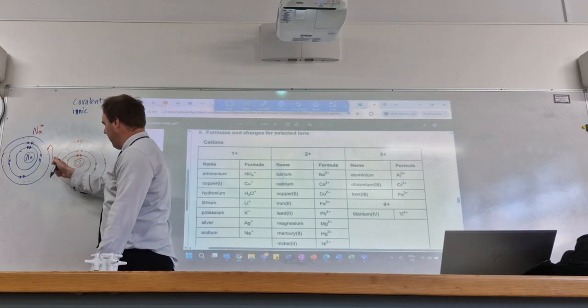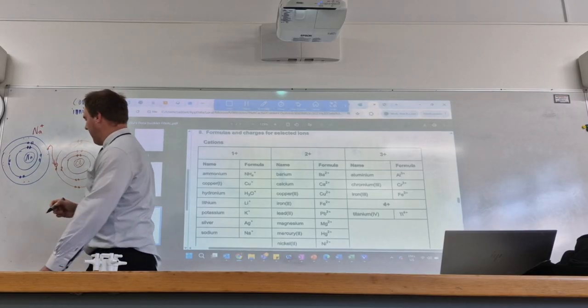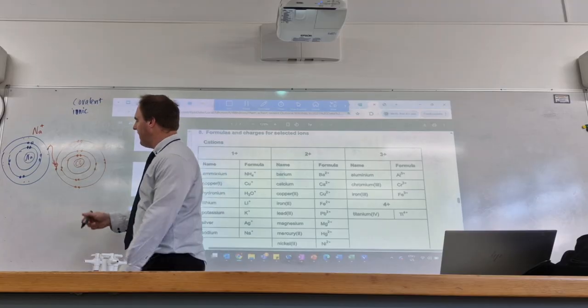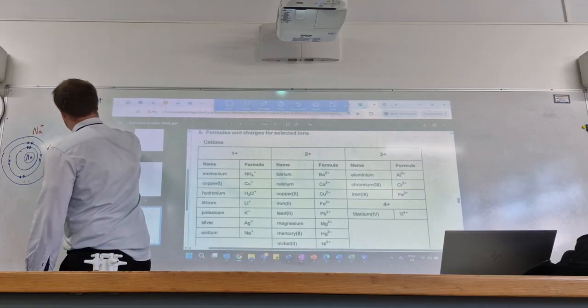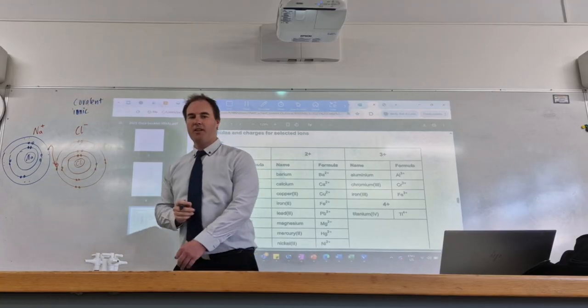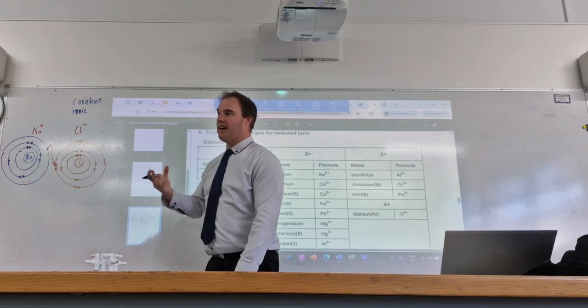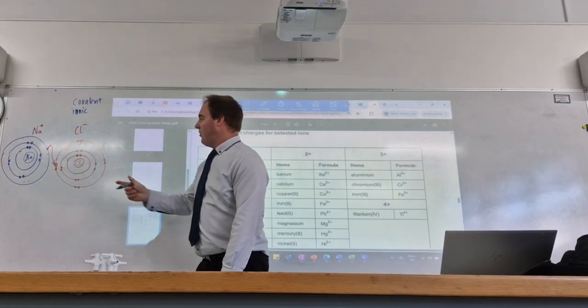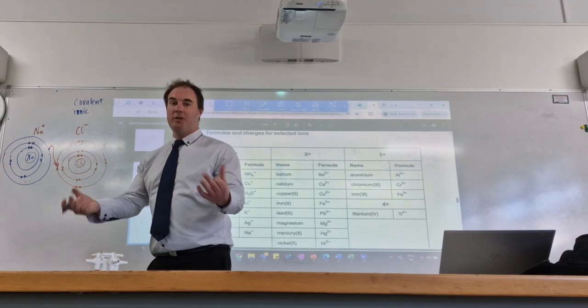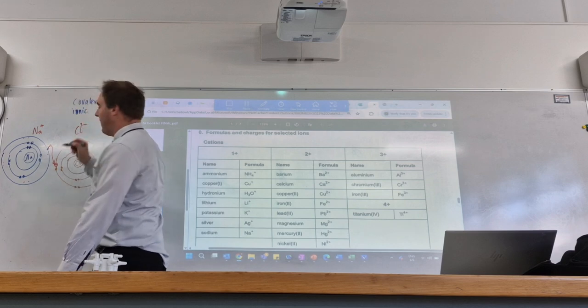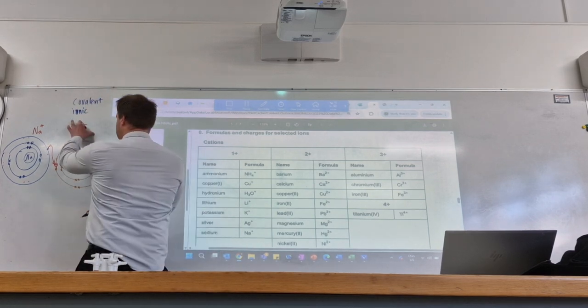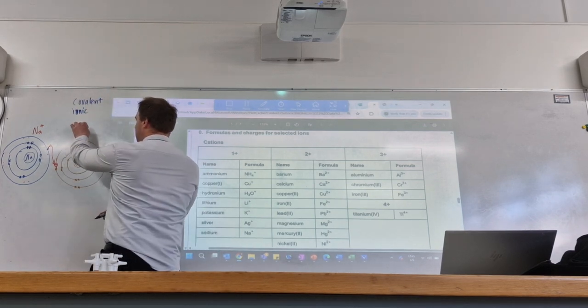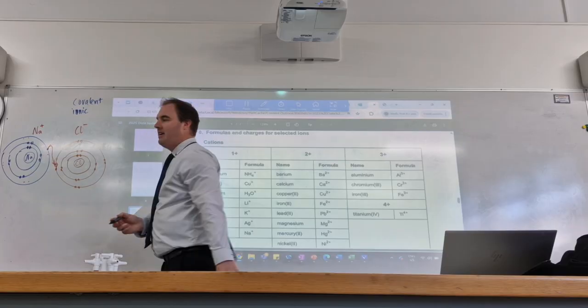Chlorine, that's gaining this electron, this negative electron. Because it's gaining 1, we say it's Cl-, the chlorine ion, or chloride. If chlorine happened to be gaining 2 electrons, then it would be 2-. But in this case, it's only gaining 1. So we just write Cl-.